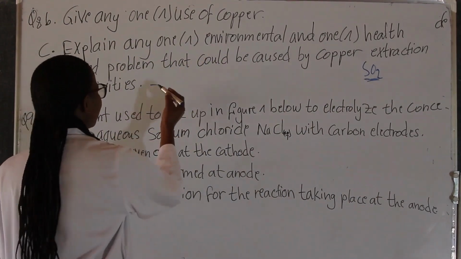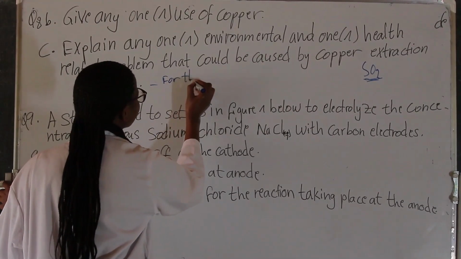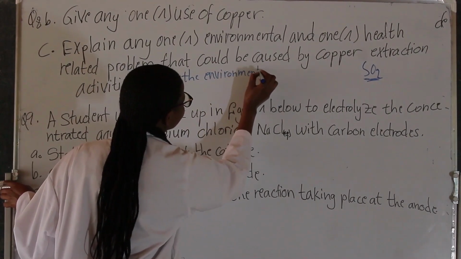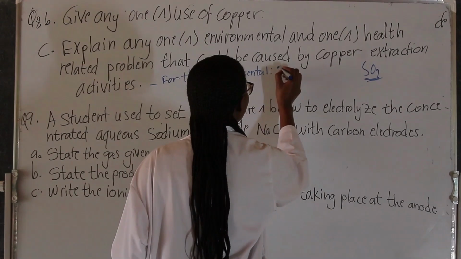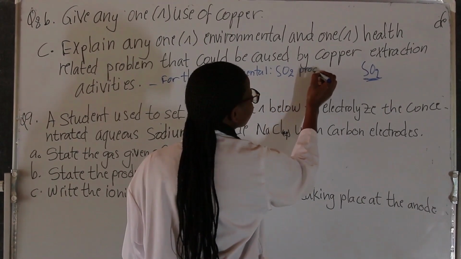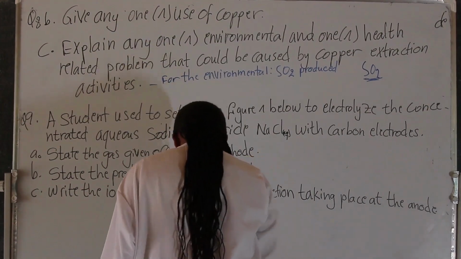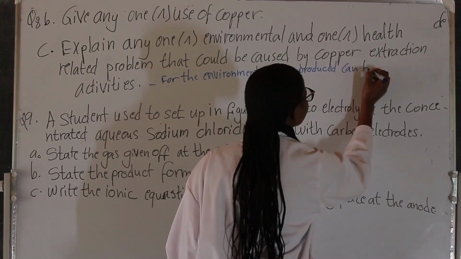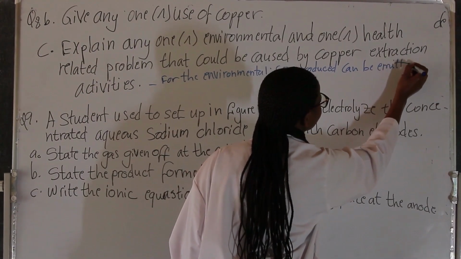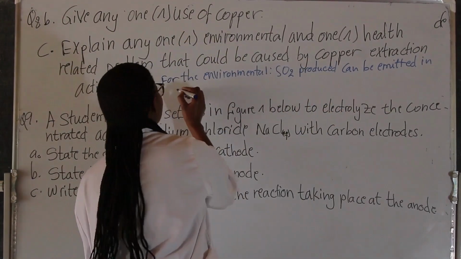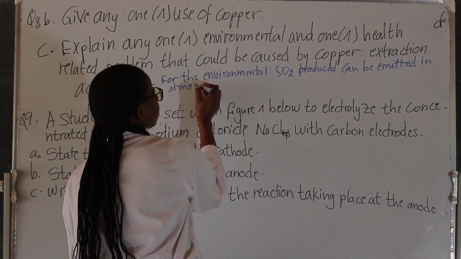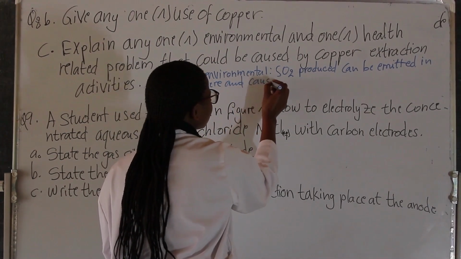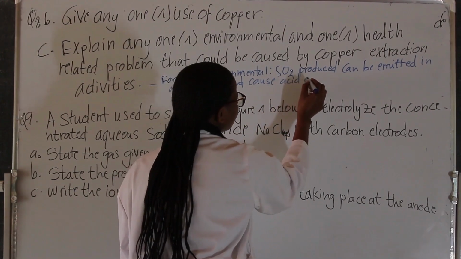For the environmental problem, SO2 produced can be emitted in the atmosphere and cause acid rain.